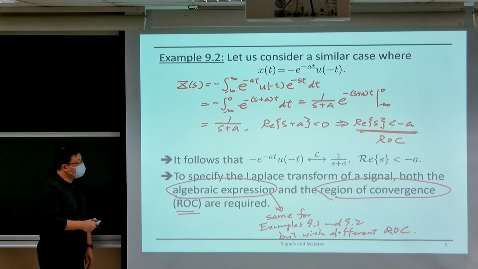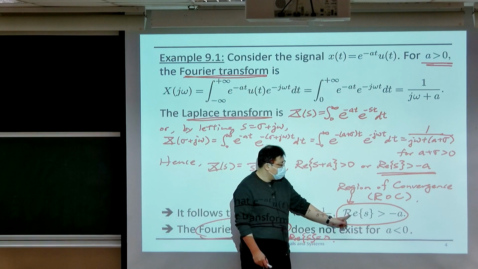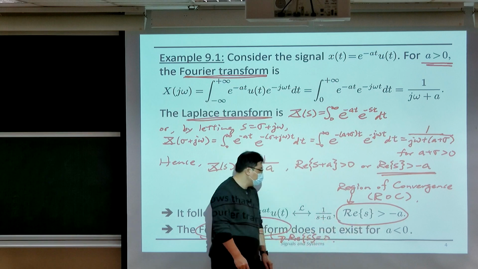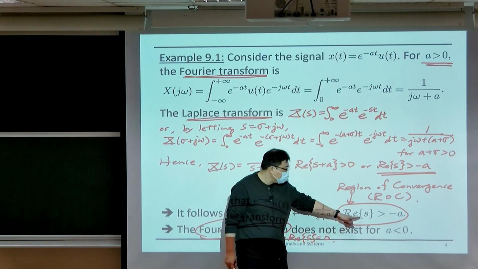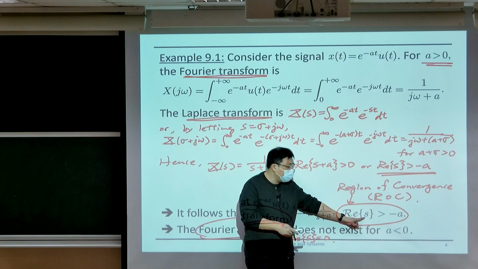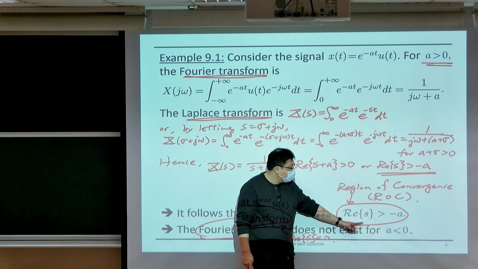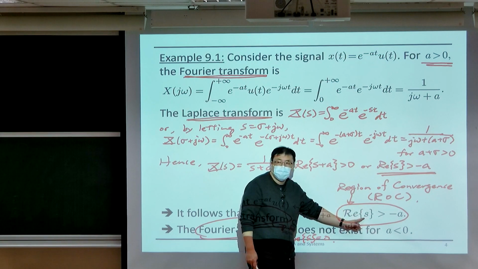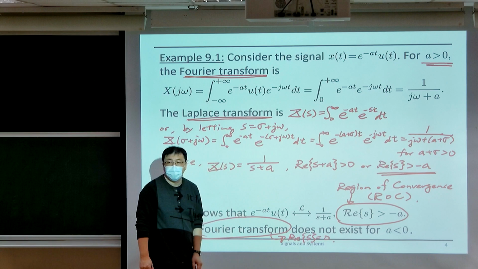Now, the region of convergence specifies the values of s for which the Laplace transform exists. S is in general any complex number. So you're trying to specify what complex numbers could yield a converging Laplace transform.